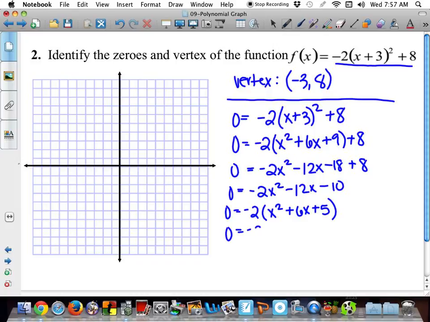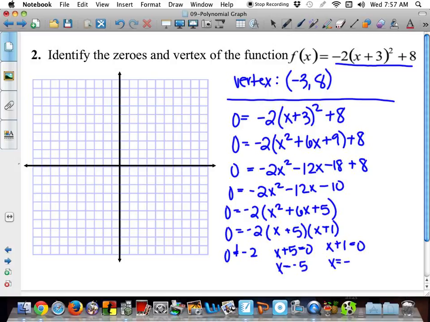I have factors of 5 that add to 6, which is going to be x plus 5, x plus 1. We're going to set everything equal to 0. So I have x equals -5, x equals -1. So I get -5, 0 and -1, 0 as my 2 zeros.